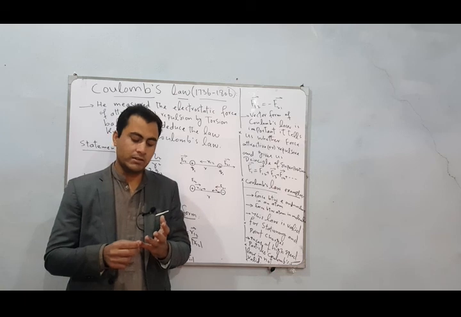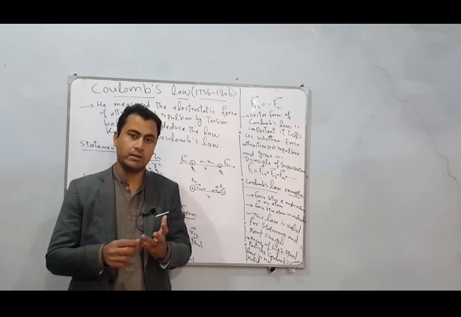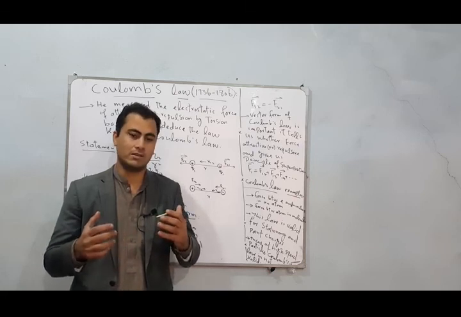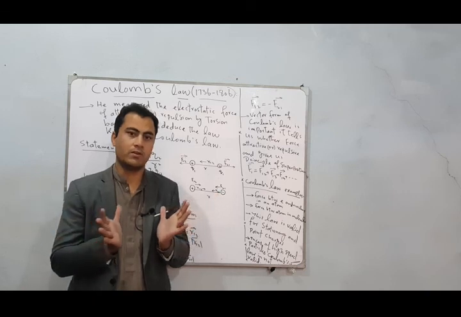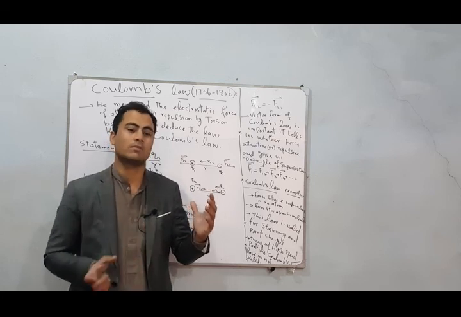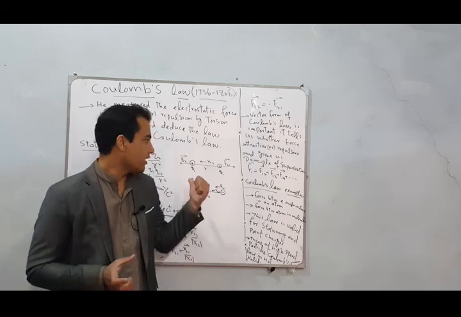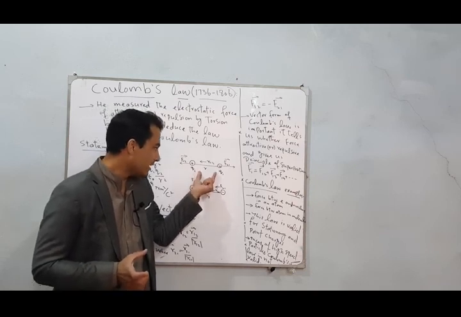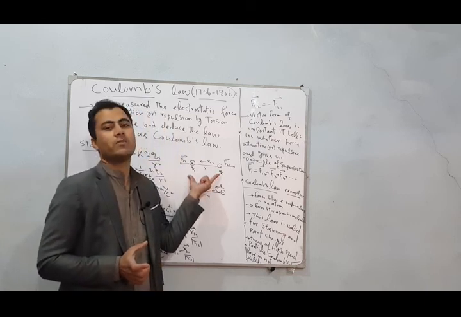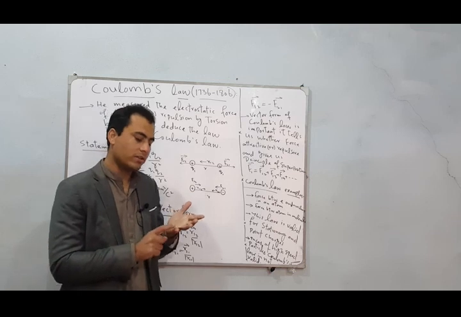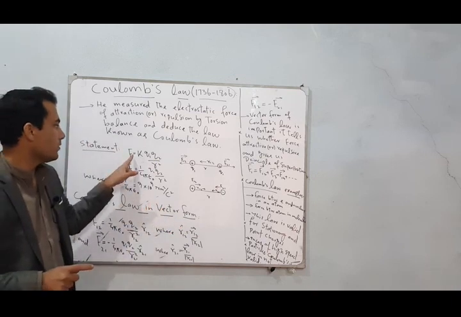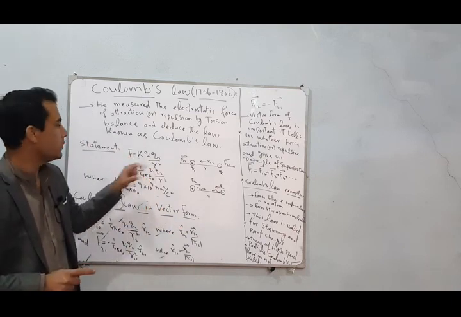So the relation between the force and the distance between two charges is inverse, as I said already: when you decrease the distance, the force increases, and when you increase the distance, the force decreases. According to Coulomb, F is inversely related to the square of the distance between two charges.